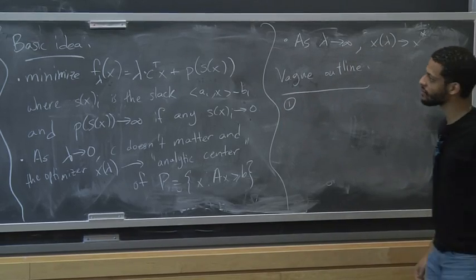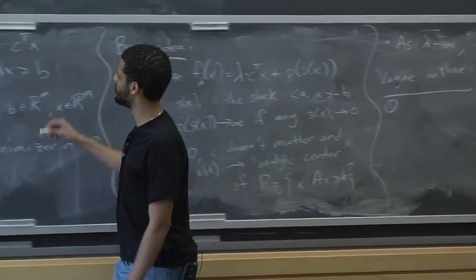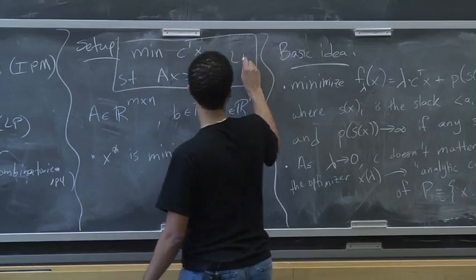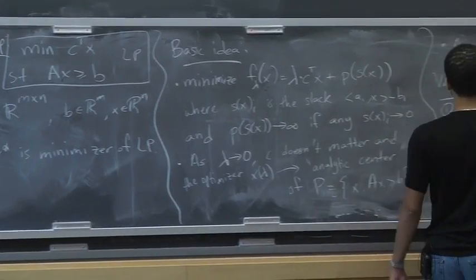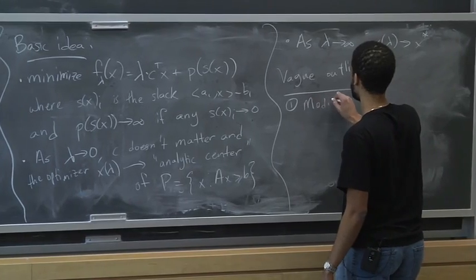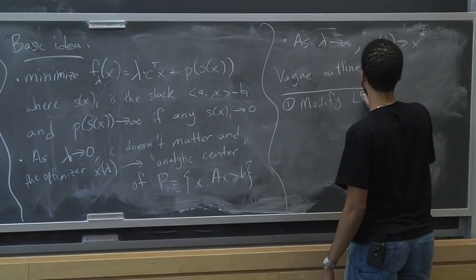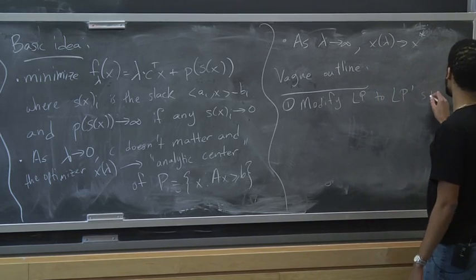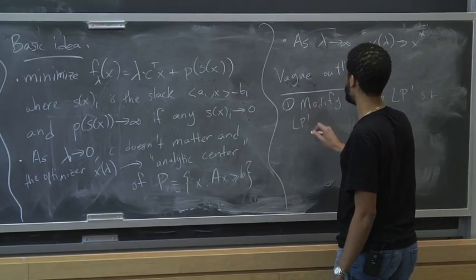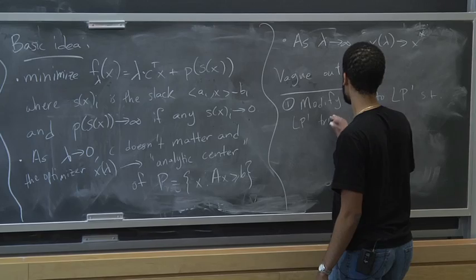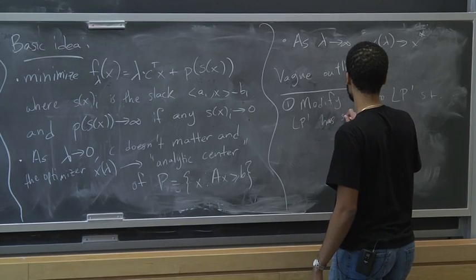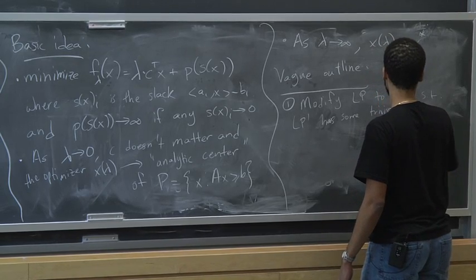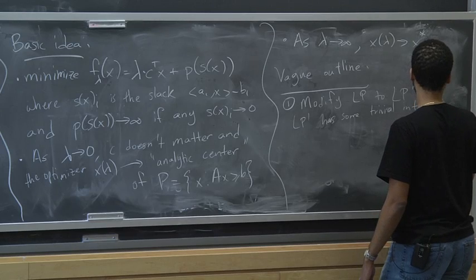Step 1: we call this our LP. Modify LP to LP prime such that LP prime trivially has some trivial interior point.